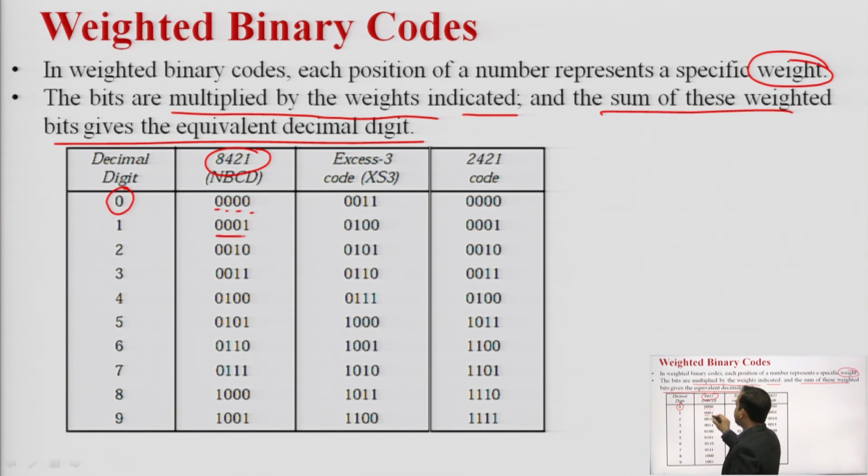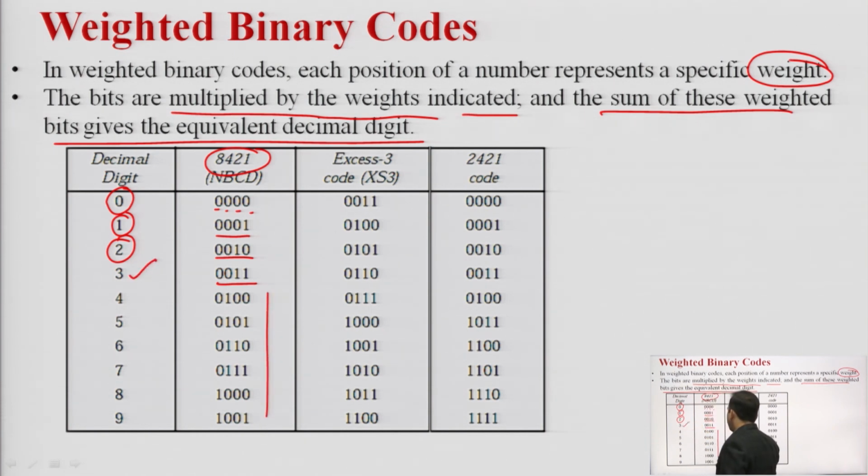If we have, let's say, 0001, then 1 multiplied by 1 gives 1. After that, 0010: corresponding to this position, 1 multiplied by 2, the result is 2. Let's see 0011. What is the decimal representation? 1 multiplied by 2 plus 1 multiplied by 1, which is 3.